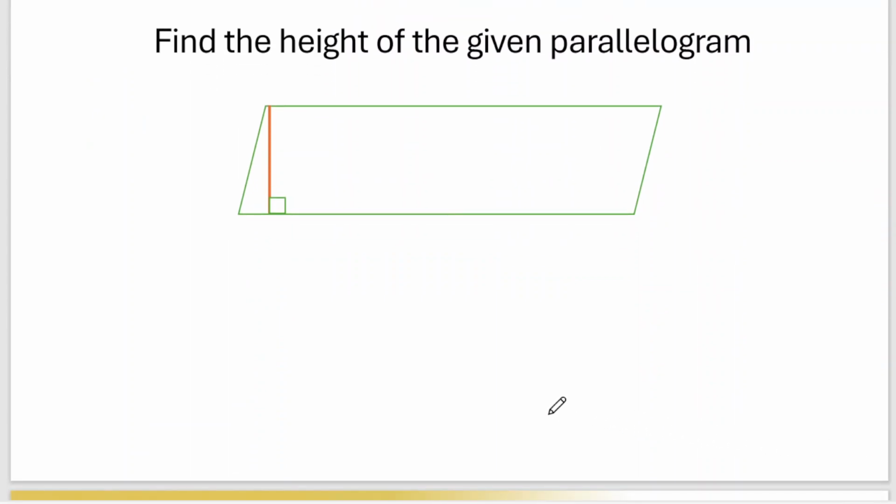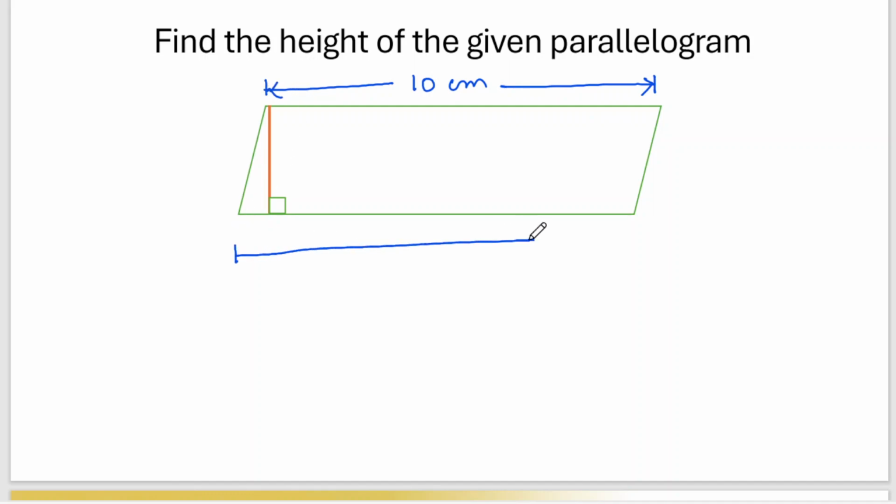Okay, now the next question. Find the height of the given parallelogram. Now, sometimes you may be asked to find the height, and they have given you the length of the base and some other data also. Let us see how. See, if they have given you this as 10 centimeters, that means you know this side is 10 centimeters, then this side is also 10 centimeters. Why?